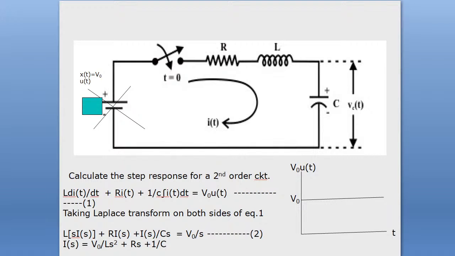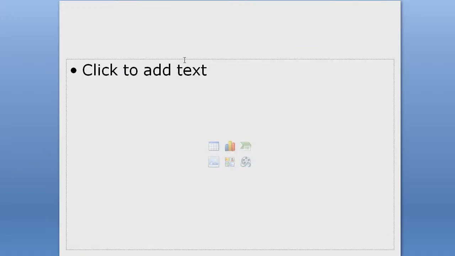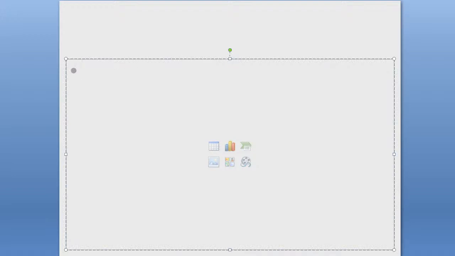So let me write this thing, then you can easily understand how you express a function in partial fraction expansion form. So we got this.